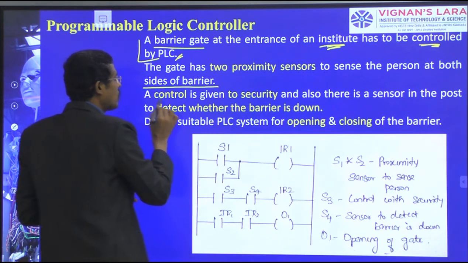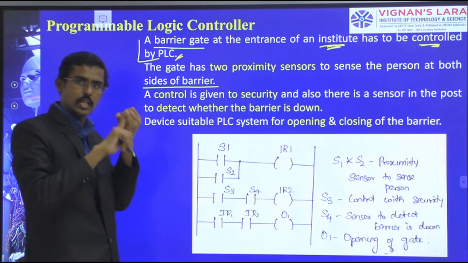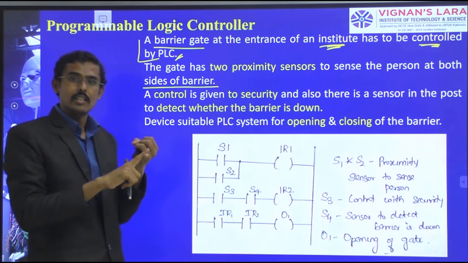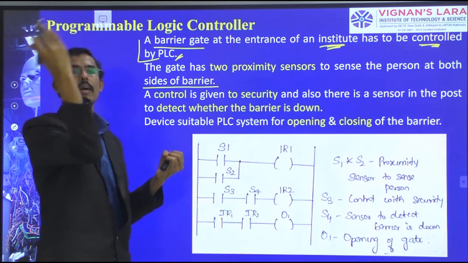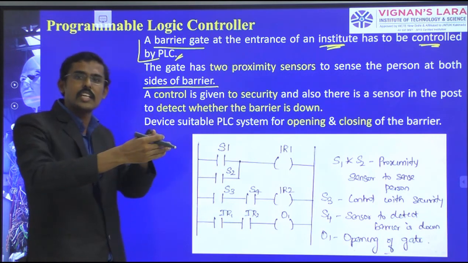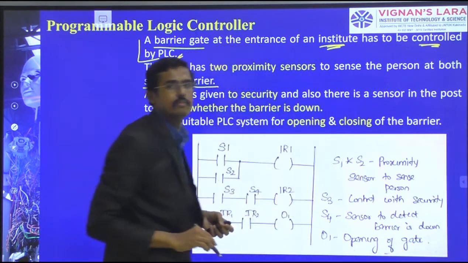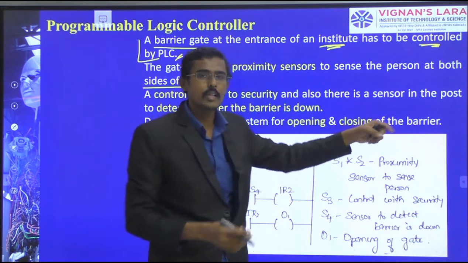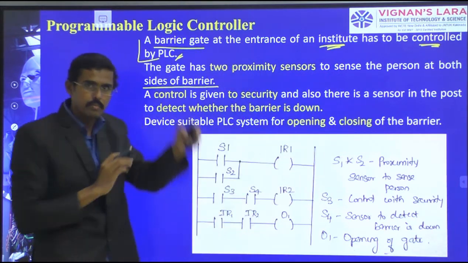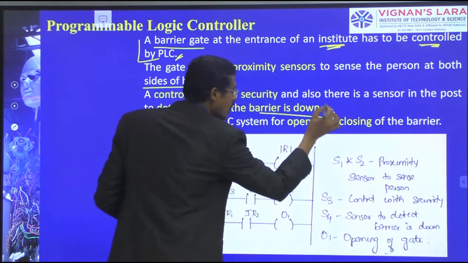Now, a control is given to security, whether manually the security can open the barrier so that persons can travel. Otherwise, there is also a sensor in the post itself, the barrier post, to detect whether the barrier is down.